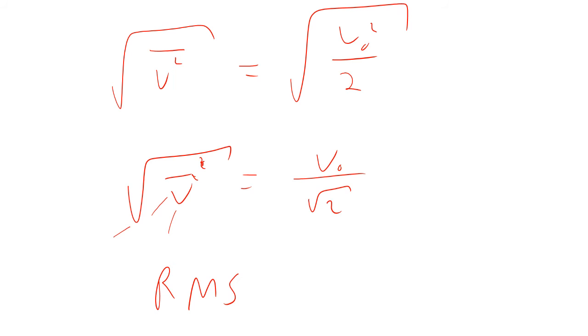So what does that mean? The root mean square of the voltage. We can call this VRMS. The VRMS is equal to the amplitude divided by the square root of 2. So for example, the outlets in your home are 120 volts RMS. So that's going to be the amplitude divided by square root of 2.